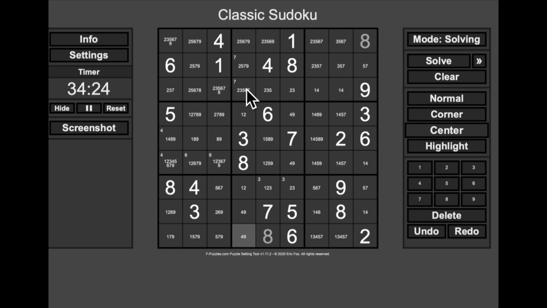Okay, that means none of these cells can be a 2. In fact, that can't be 3. Okay, 4, 9 is here, so these can't be 9 either.